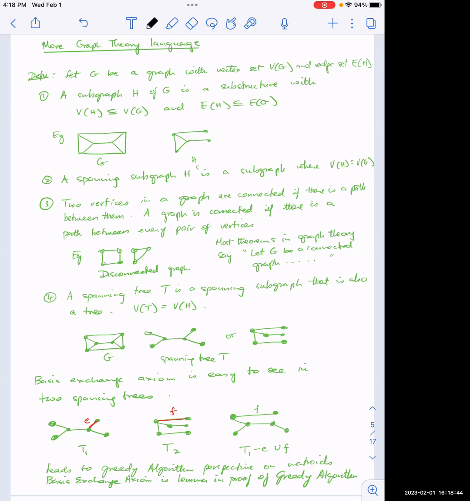A subgraph is a substructure, right? So you have G and it's your graph, and H is a subgraph if VH is a subset of VG and EH is a subset of EG. A spanning subgraph is a subgraph that has all the vertices, right?